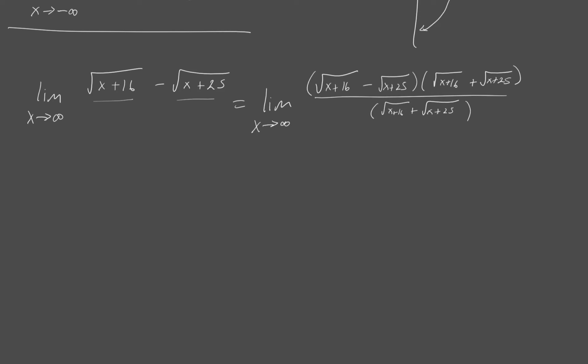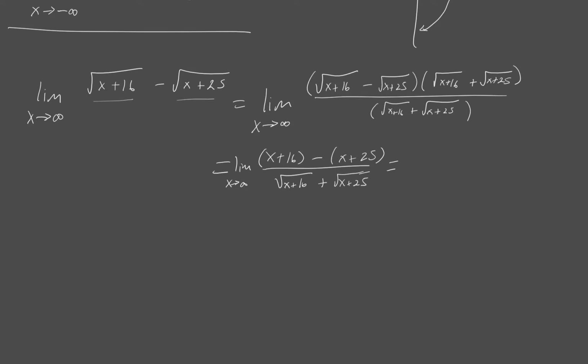Okay, and the numerator becomes x plus 16 minus, I haven't taken a limit yet, so I should write that in there, minus x plus 25. But the denominator looks like the square root of x plus 16 plus the square root of x plus 25.